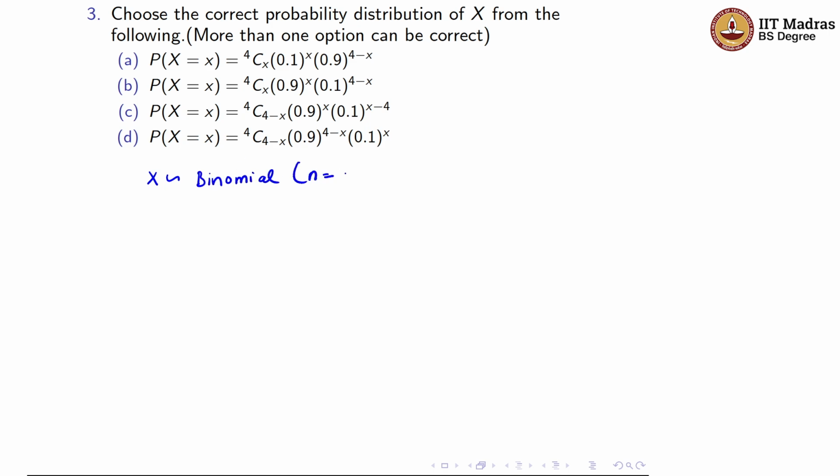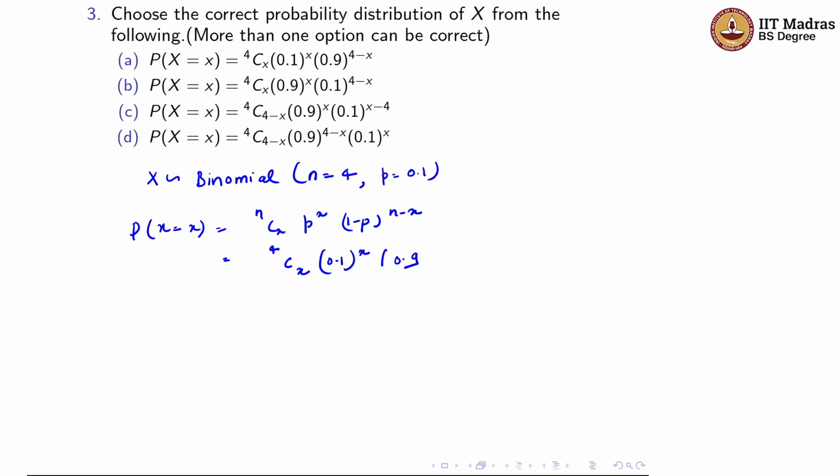The probability mass function of the binomial distribution is nCx p to the power x times (1 minus p) to the power n minus x. So here n is 4, so 4Cx, 0.1 to the power x, and 1 minus p is 1 minus 0.1, which is 0.9, so 0.9 to the power 4 minus x.